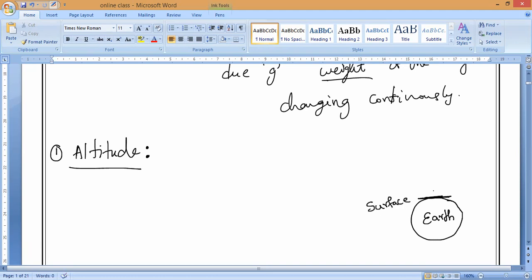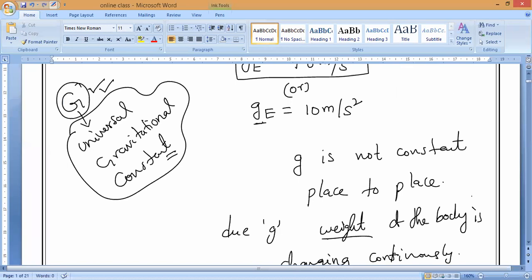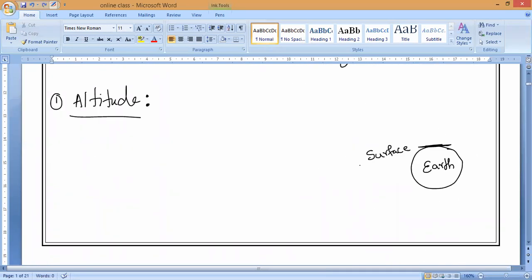At the surface, we already know the g value: 9.8 meter per second square, taken at the equator as the average value. Is it yes or no, guys? Yes, sir. Now, when we move away from the surface, this is what we call altitude.